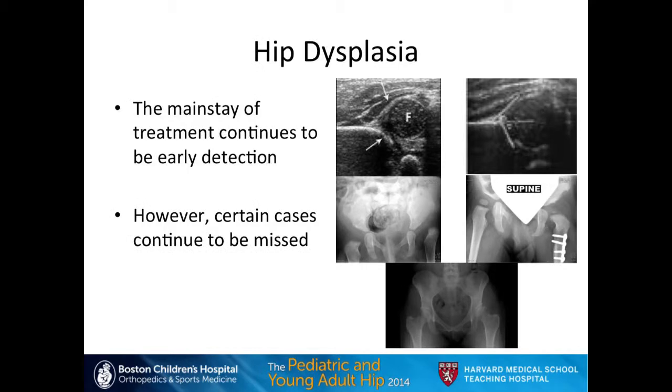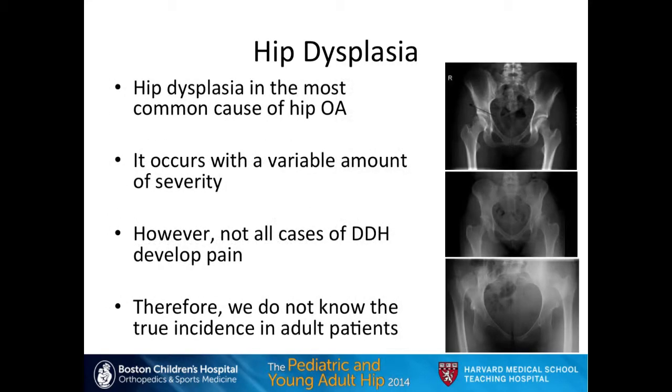Just to back up a few steps, the mainstay of treatment continues to be early detection when we're starting with hip dysplasia. However, certain cases continue to be missed. And if hip dysplasia is the most common cause of hip OA, it occurs in a variable amount of severity. So not everybody has the same disease, and not every hip that looks the same on x-ray belongs to the same customer.